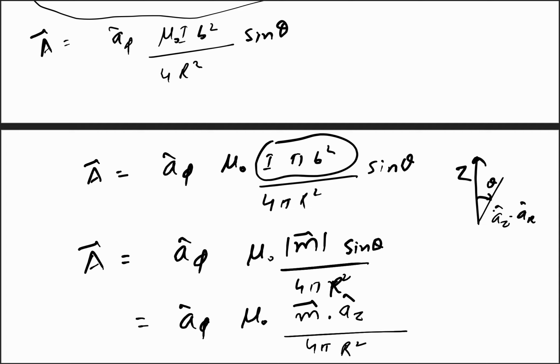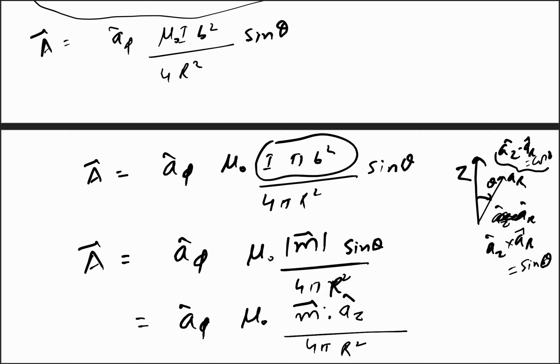Sorry, if this is theta and this is ar, then az cross ar will be sin theta, and az dot ar will be equal to cos theta. So I made a small mistake.